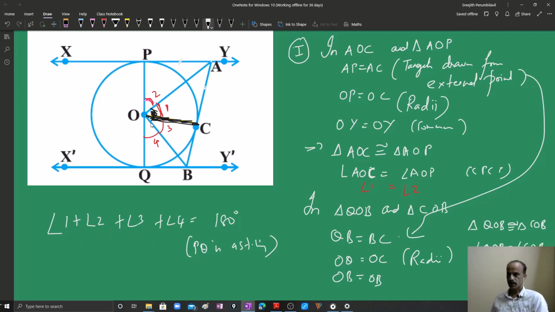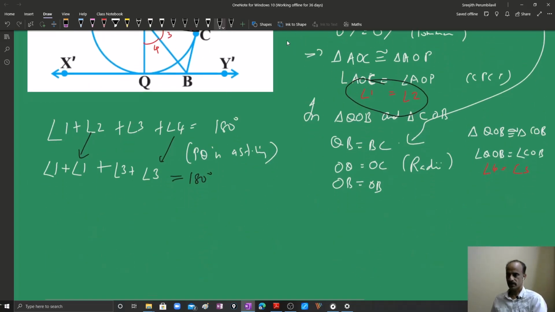But what do you know about 2? 2 is the same as 1, and 4 is the same as 3. We have proved that. So by substitution, instead of angle 2 and angle 4, we write angle 1 and angle 3, and that is equal to 180 degrees.